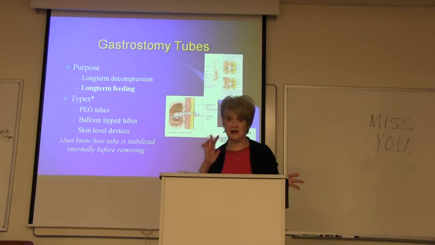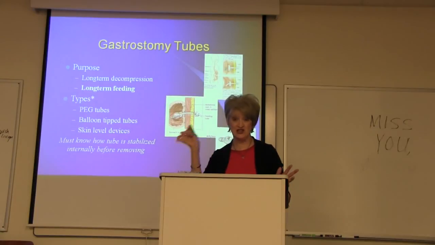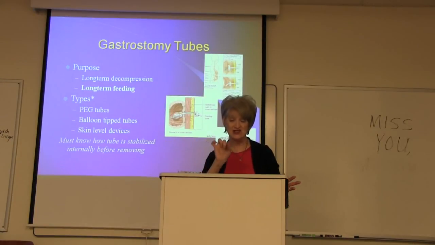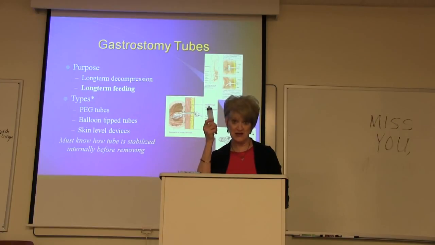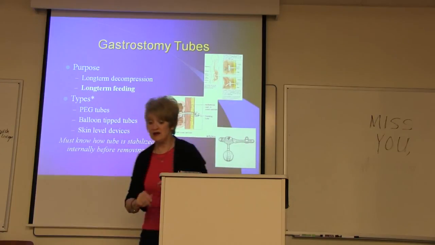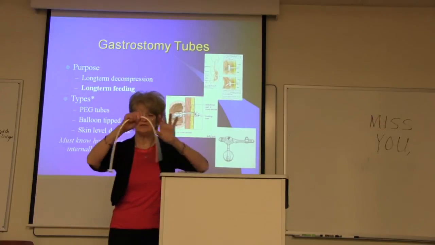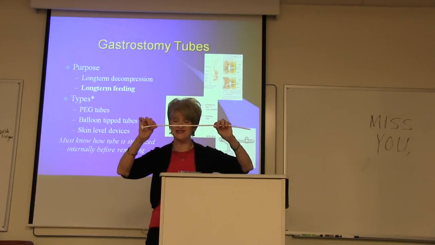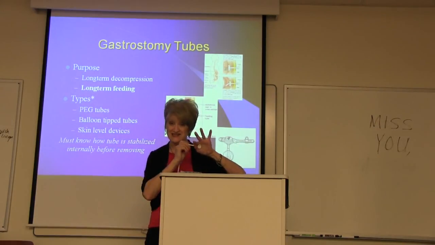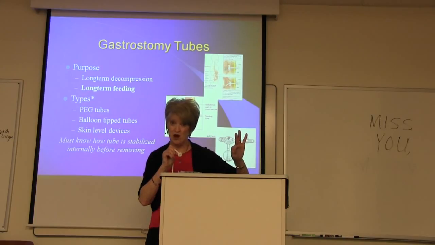As we have already said, if you're thinking about changing out a tube, you have to know how that tube is stabilized internally before you go to remove it. If it's a balloon tip tube, no problem. You just take a syringe. But if it's a PEG tube, you have to know, is it a soft internal bumper and is it safe to pull it out through the abdominal wall?